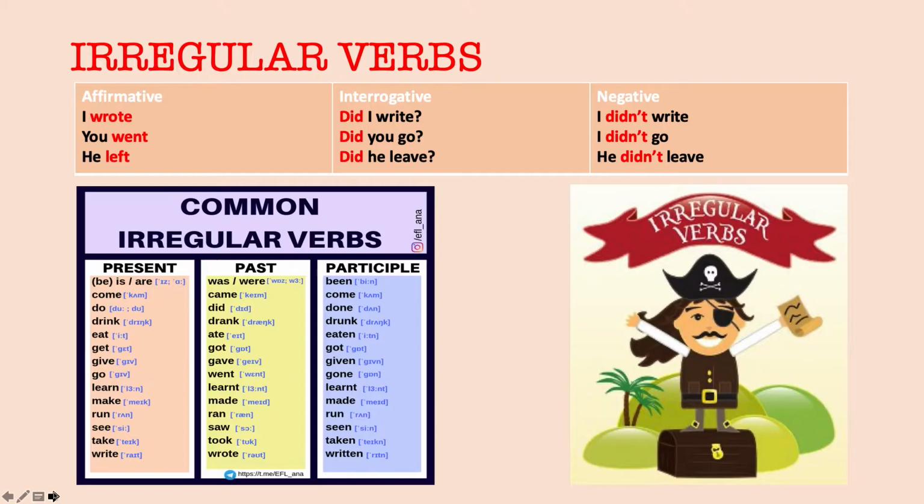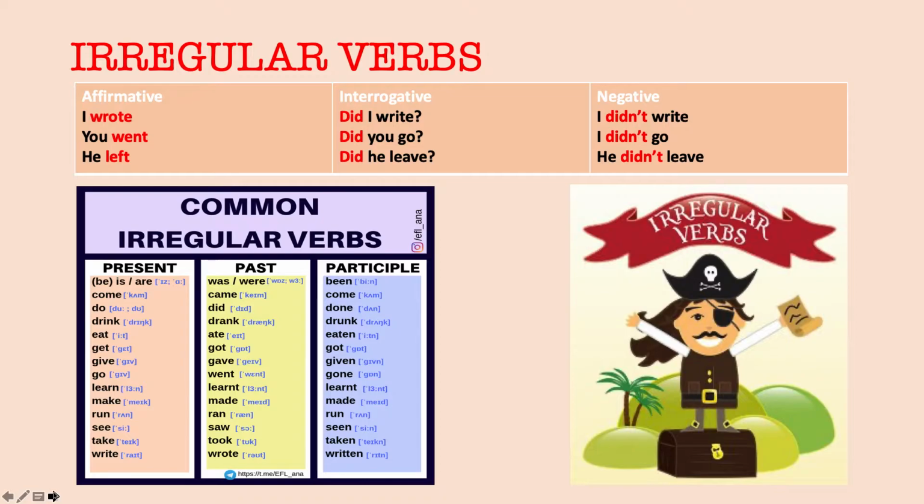So now how can you learn the irregular verbs? It's not as easy, and you can look at a list of common irregular verbs, such as this one, and learn 5 verbs each time.